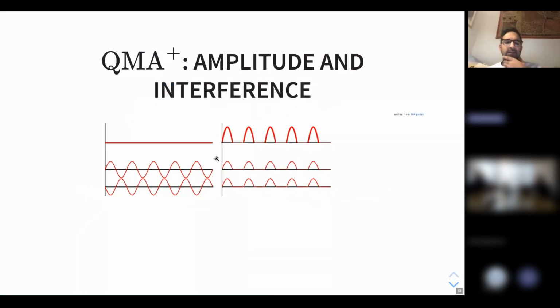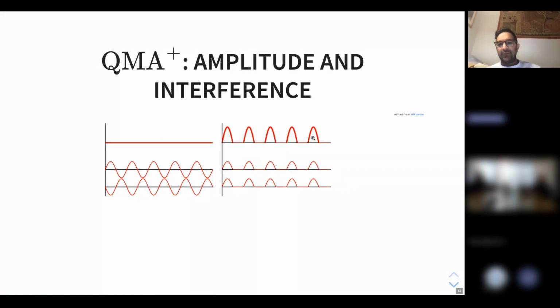Let me just tell you why this QMA plus stuff works. I'll give you just a one-slide summary. What I would think about is amplitude and interference. On the left, we have these two states. There are two waves, and they destructively interfere. On the top, I'm just adding them together. But on the right, I have two non-negative amplitude states.